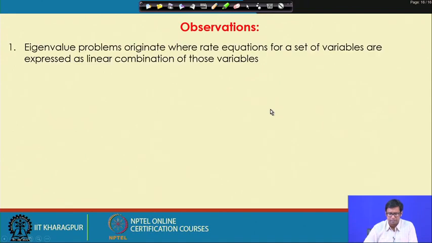Now, we can make a few very important observations from the processes we have followed to obtain the eigenvalues and eigenvectors.